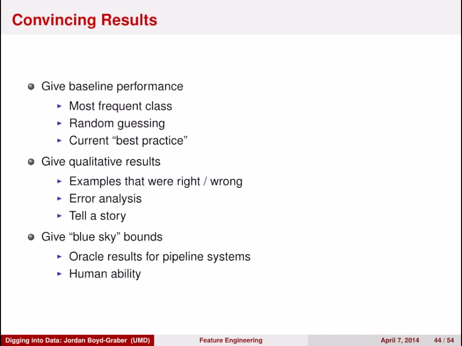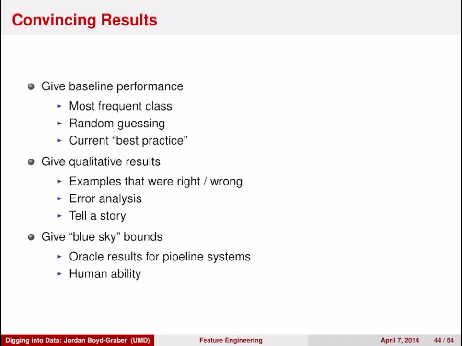So I encourage you to read carefully the reading on evaluation in natural language processing that I linked to as part of this reading. It tells a very nice story about how to evaluate and communicate results. It's focused on natural language systems, but many of these ideas are applicable to just about any kind of system that you could create.